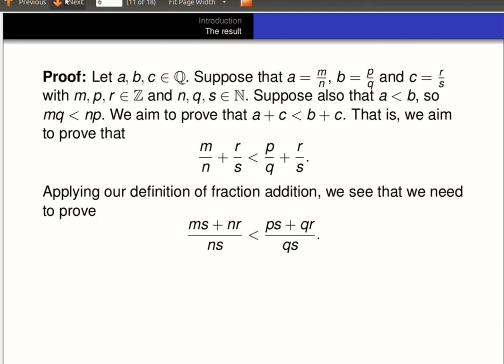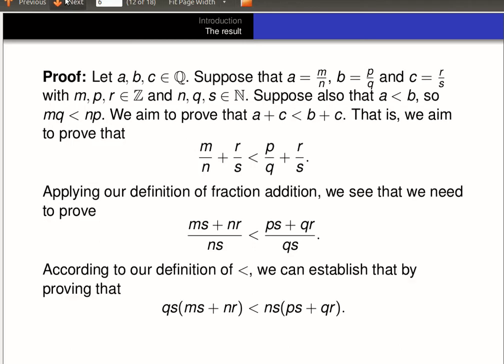And one more thing we need to remember is what it means for those two fractions to have that order relationship. According to our definition of the ordering, to prove that those two fractions have that particular order relationship, we need to prove that qs times the quantity (ms plus nr) is less than ns times the quantity (ps plus qr). Okay?